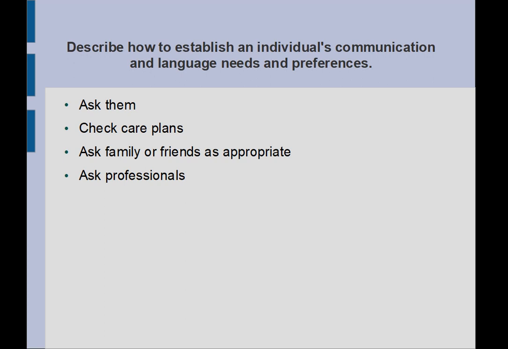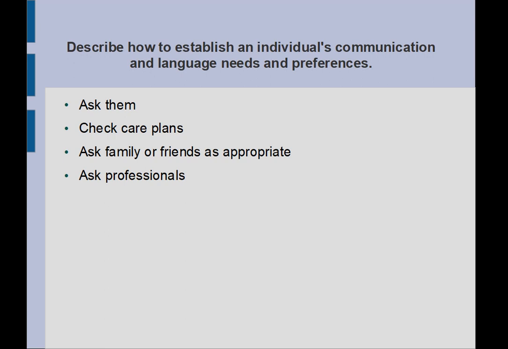Let's say if it was an initial meeting for making up a care plan, you might want to come back to them at some point about some details of it or to arrange a review. You might ask them whether they'd rather communicate by phone, by email, by text, or by letter. That's one method.